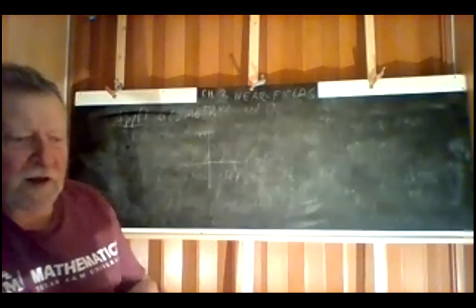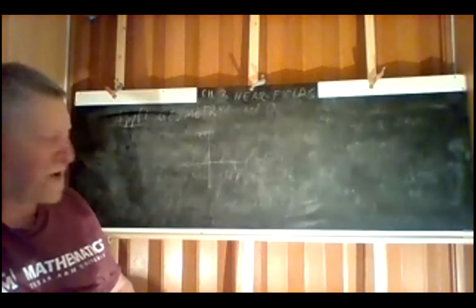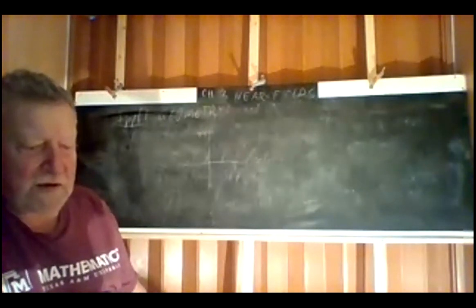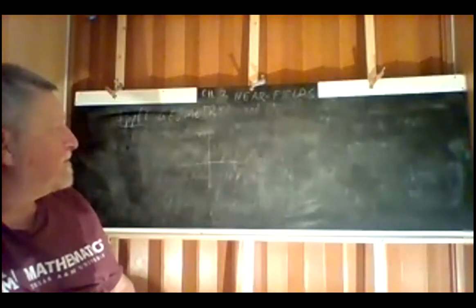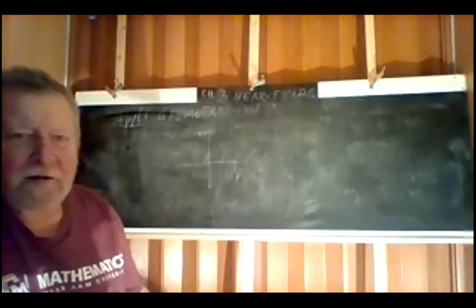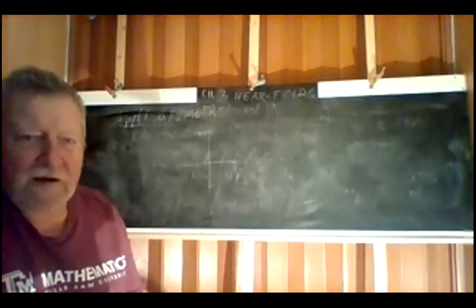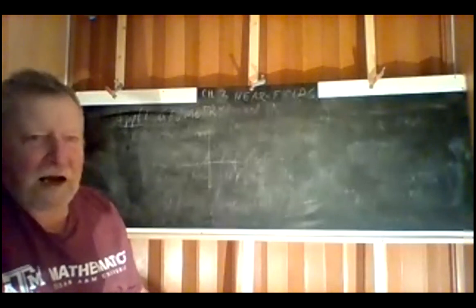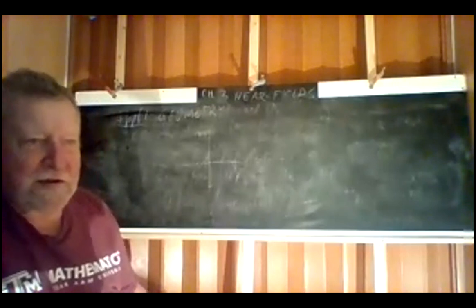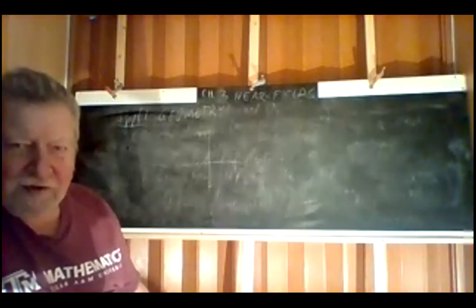But what happens with other types of geometries? If you look at geometry, you find all kinds of definitions of planes, Desarguesian planes, non-Desarguesian planes, and so on and so on.